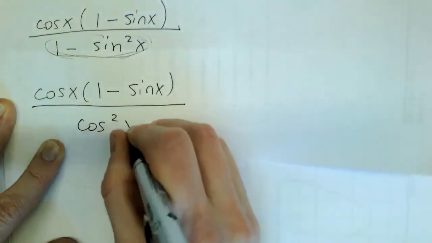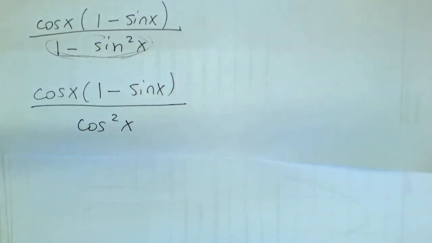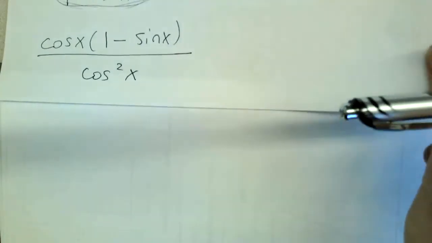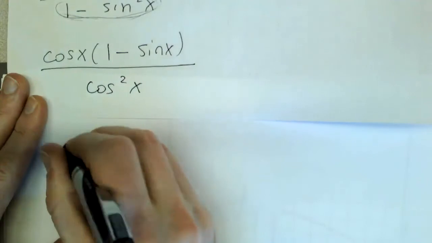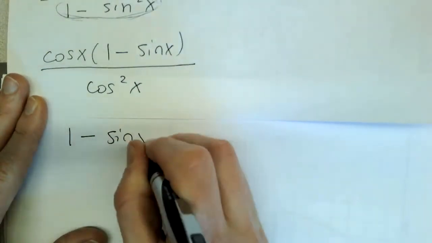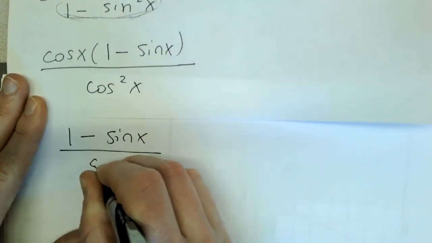And now you can see that some nice stuff happens, right? There is some cancellation. The cosine on top will cancel with one of the cosines on bottom. So that's going to leave me with 1 minus sine x over cosine x.